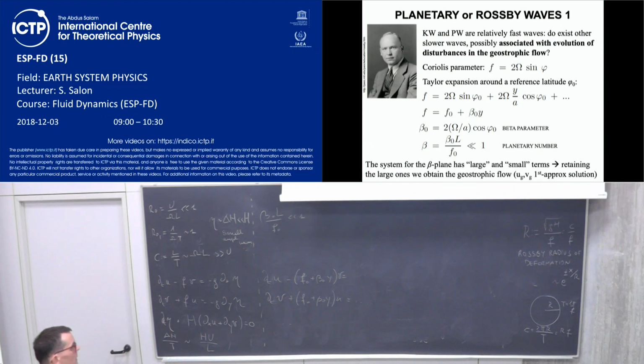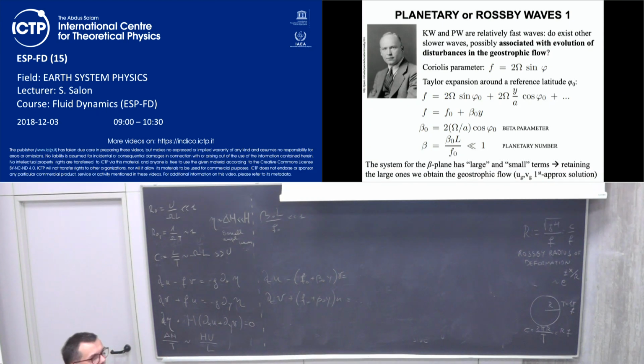Okay, so if we look at the new equations here, we can find that they will be composed of large terms and small terms. The large terms are the terms related to the geostrophic flow, so still thinking that a geostrophic flow is dominant.